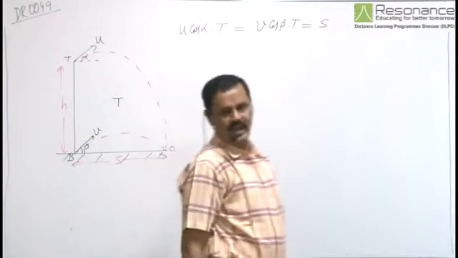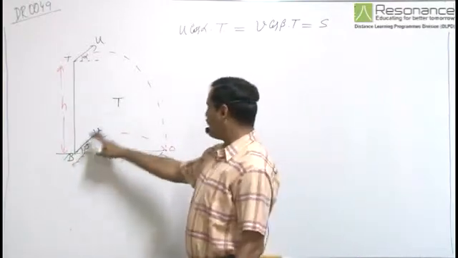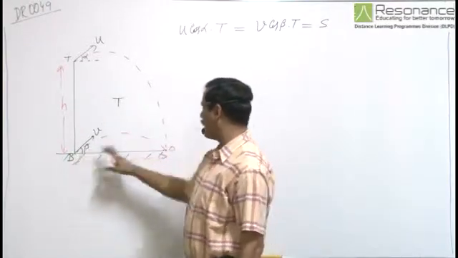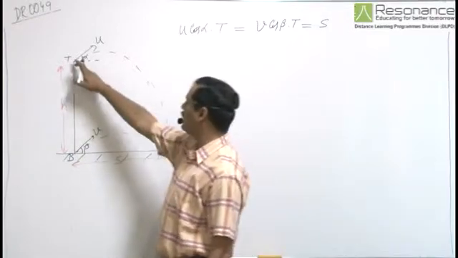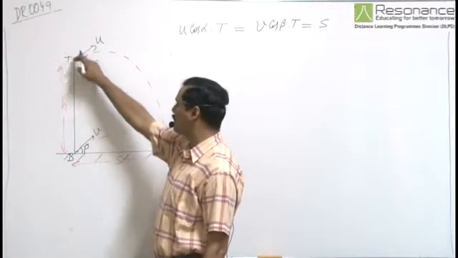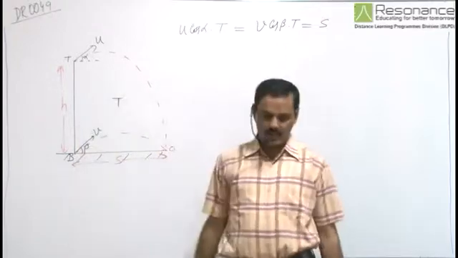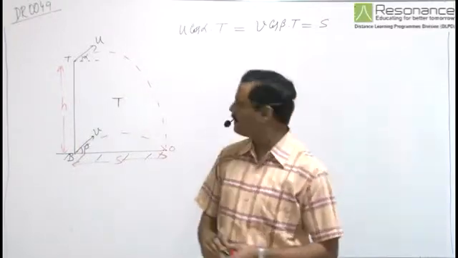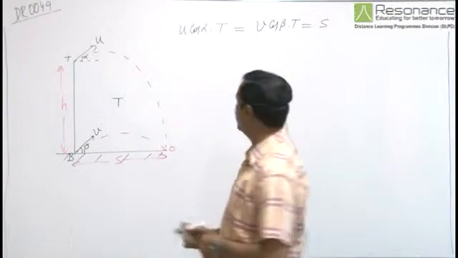Now within the same time, the vertical displacement of the particle from the bottom is 0, while the vertical displacement of the particle from the top is minus h, where we have assumed the height of the tower to be h.